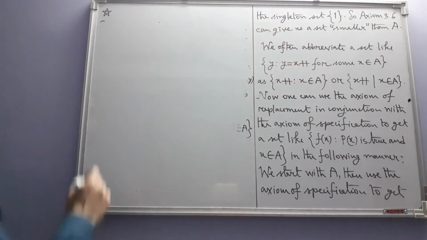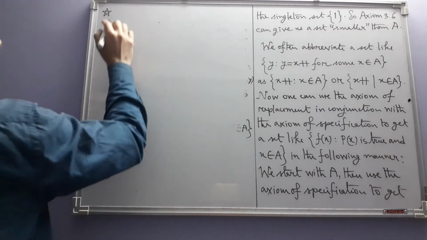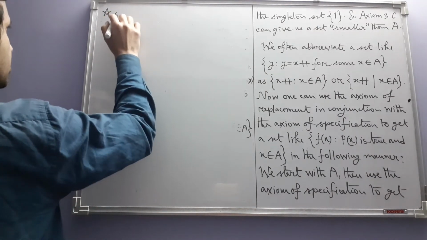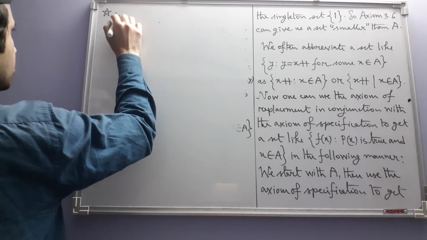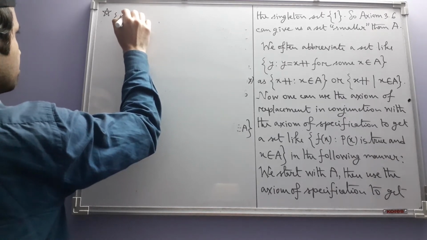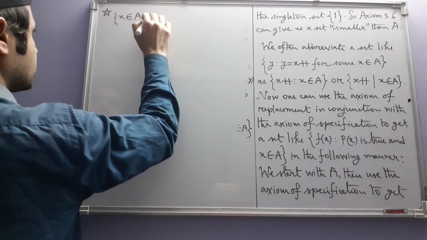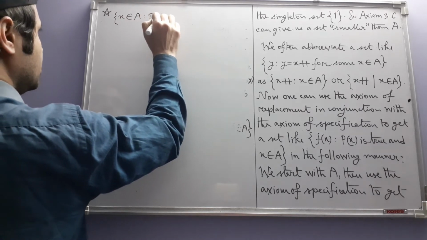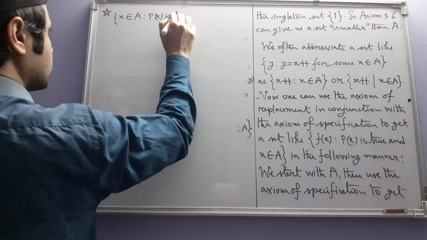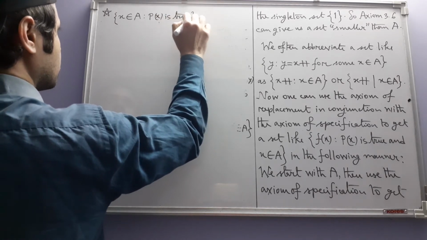Then use the axiom of specification to get this set: the set of all x belonging to A such that P(x) is true.